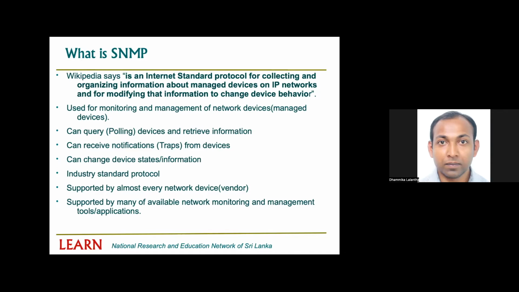The other thing is that the particular device that is being monitored will send traps. Traps mean that when some significant event happens in a particular device or service, meaning that some device interface is down, or some error is happening, or some configuration change has been done to the device, or if it is a service, maybe the service status has changed.